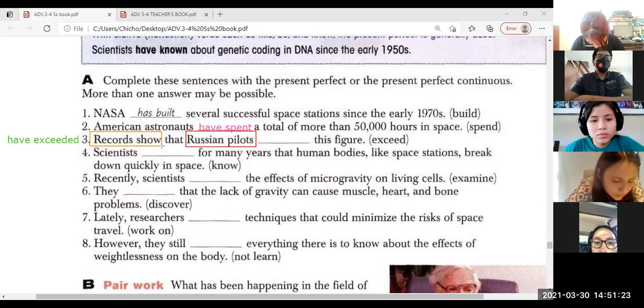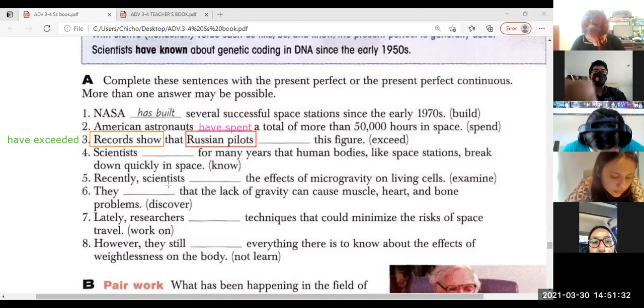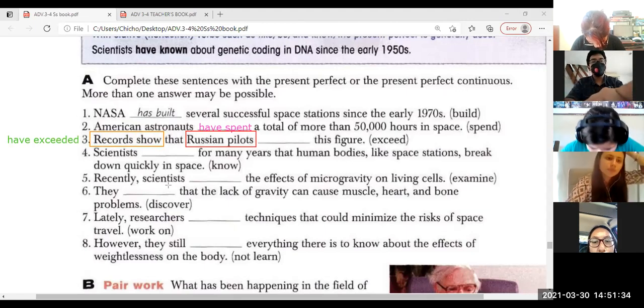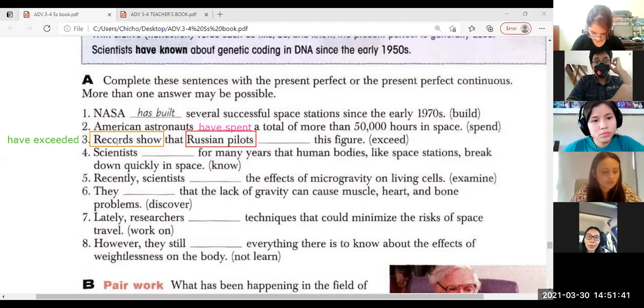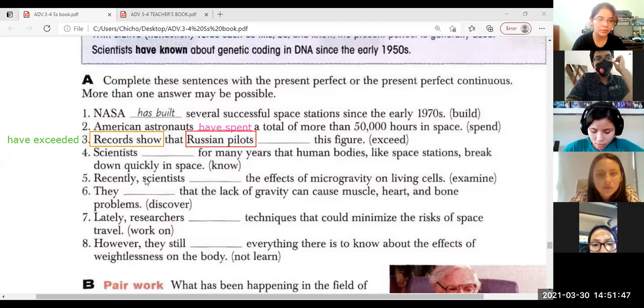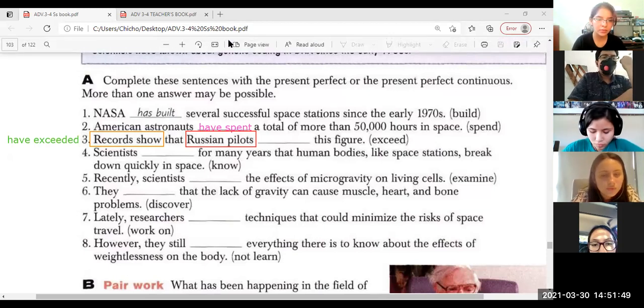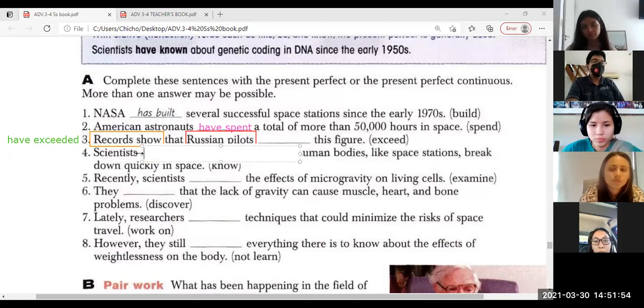Okay, as you can see here, we have the result in the present. Records show now that Russian pilots have exceeded this figure. So we have a present result. Okay, number 4, scientists. What did you write here? Have known.